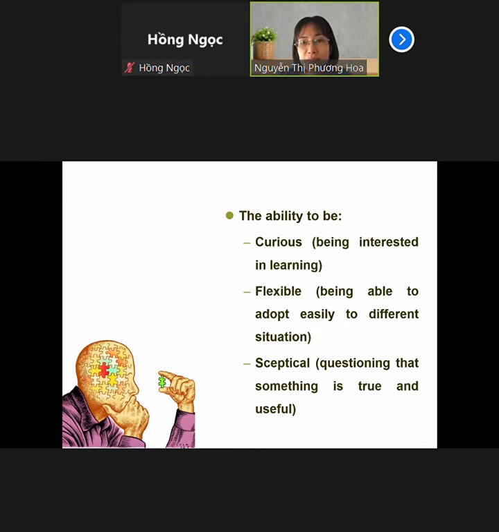And in order to become a critical thinker, you have to have the skeptical capacity. That means that you question why these things are true and why they are useful. Is it the truth? Is it correct? Okay, right.